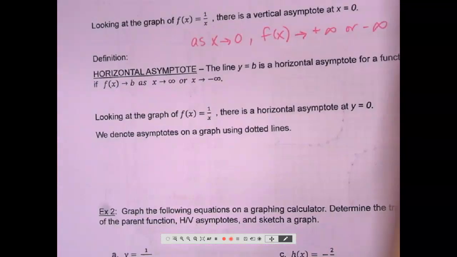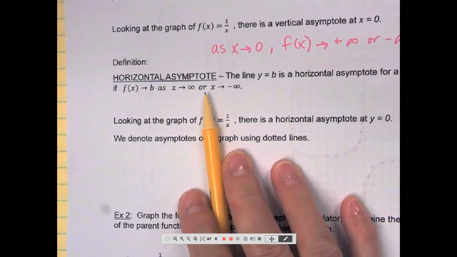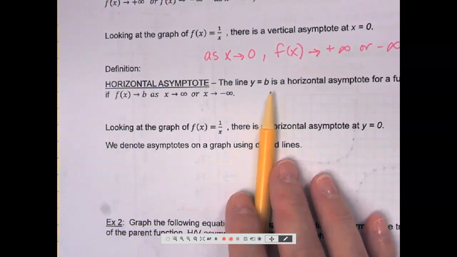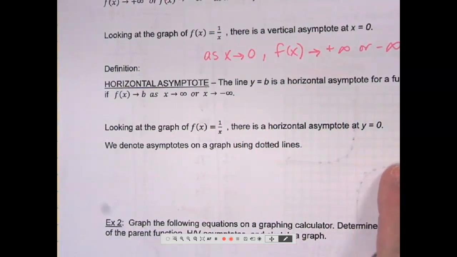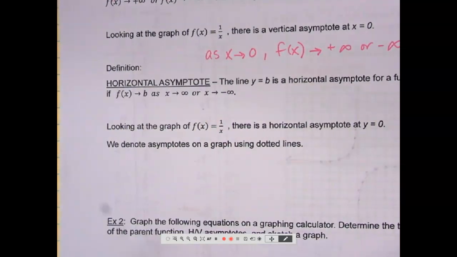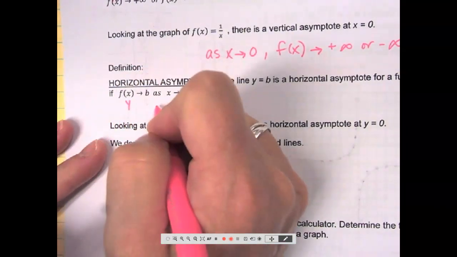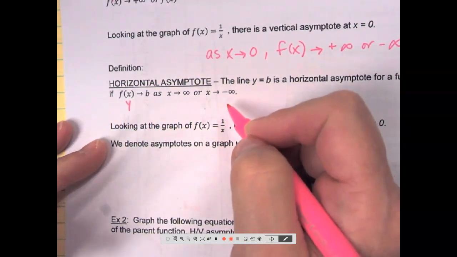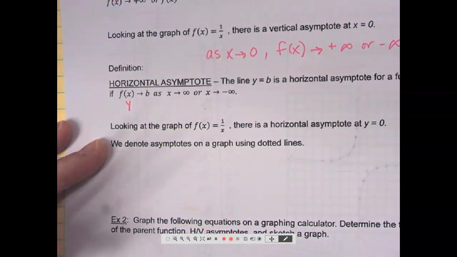All right. Official definition of a horizontal asymptote. The line y equals b is a horizontal asymptote for a function if y approaches b as x approaches infinity or x approaches negative infinity. Remember, my horizontal asymptote on that graph was 0.